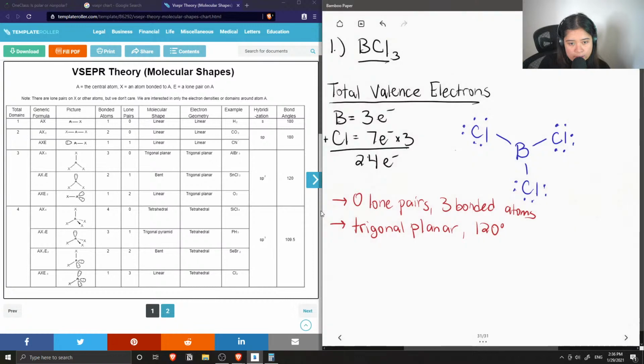Okay, so let's also recall that chlorine is much more electronegative than the boron, so each of these chlorine atoms will have dipole moments pointing in the direction of these chlorines. But if we look at our trigonal planar structure, you'll see that it is symmetrical. So I'm just going to write down here, we have a symmetrical structure.